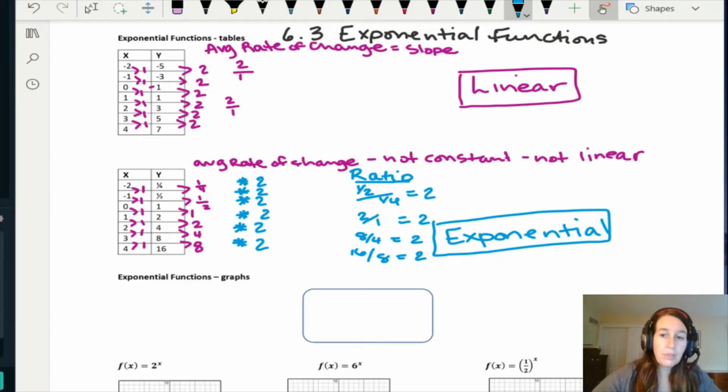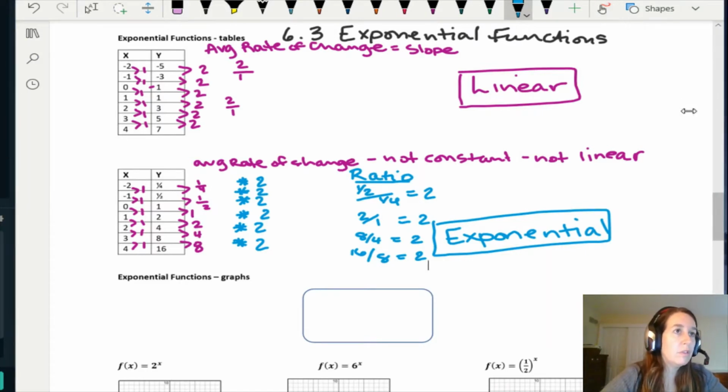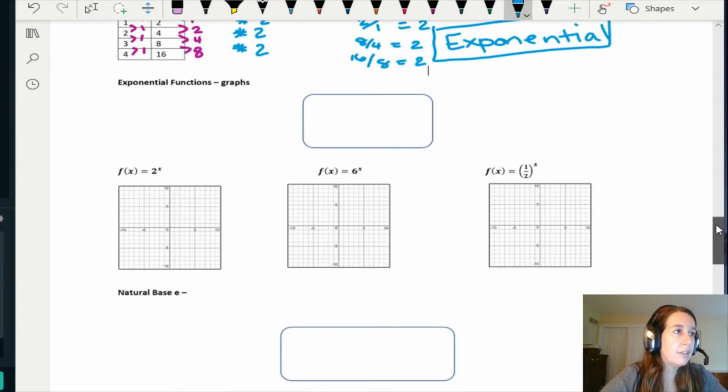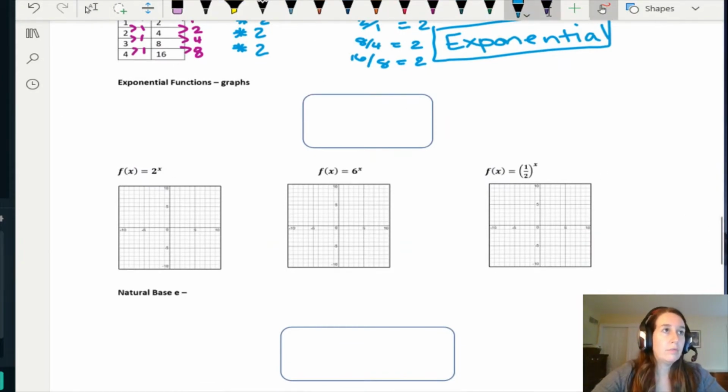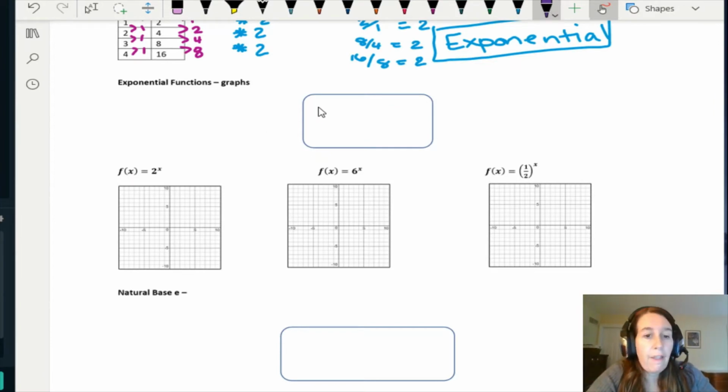So the definition of an exponential function, let's put that right here nicely in this little box. We're going to say that is y equals a to the x. Okay, a is the base.